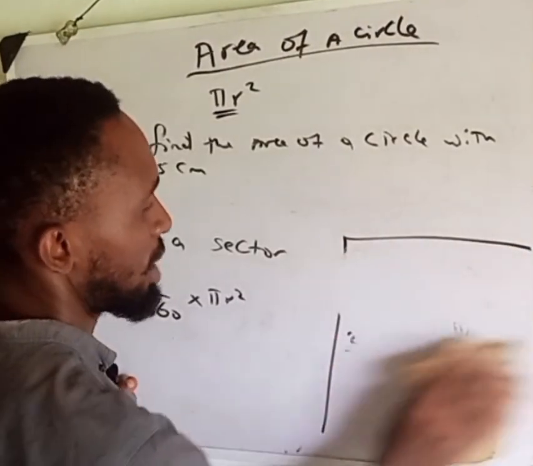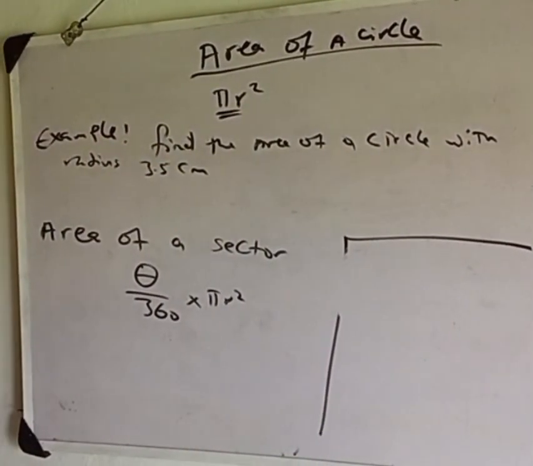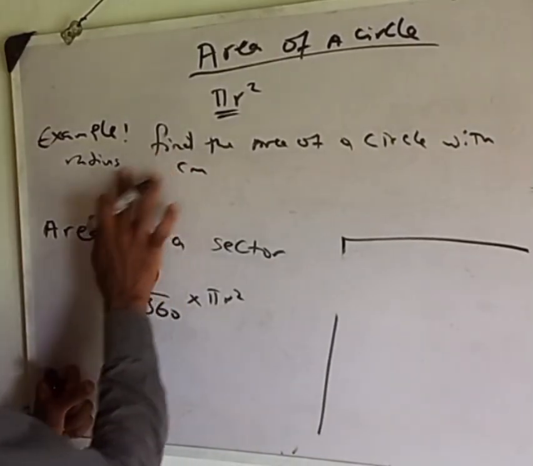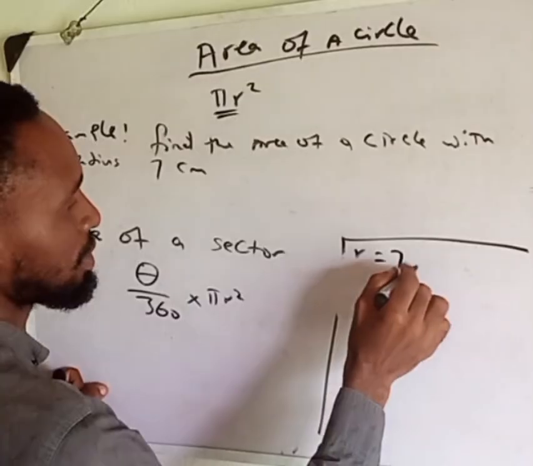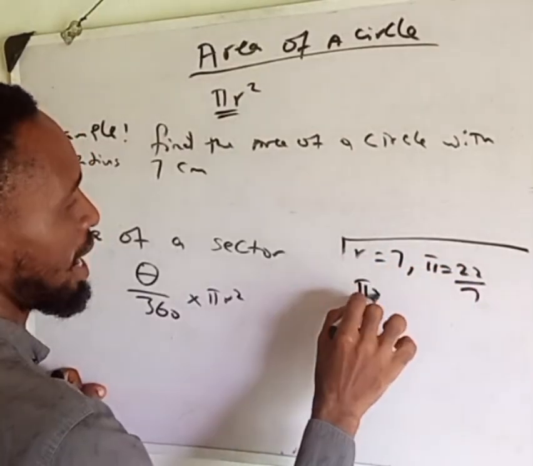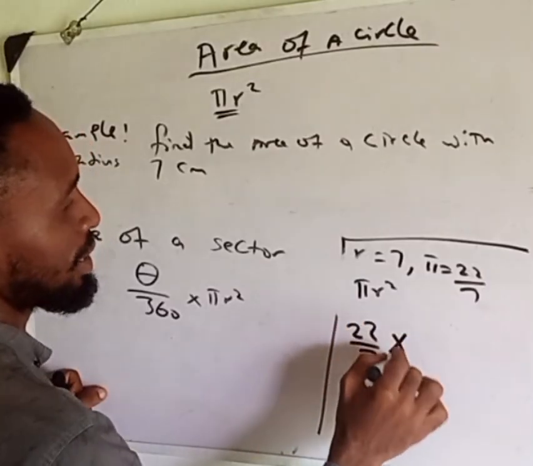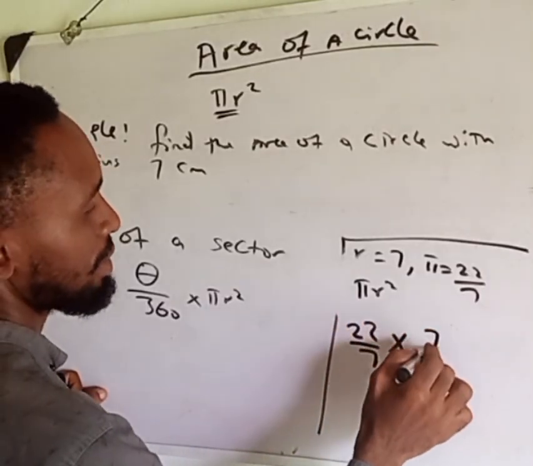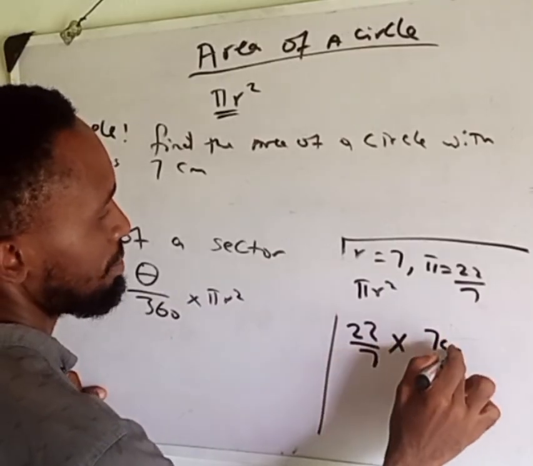Let's say we are to find the area of a circle with radius, let's say, 7 cm. So we have that radius is equal to 7, pi is equal to 22/7. The formula remains pi r squared, which is 22/7 times 7 times 7. Remember to add your cm, please.